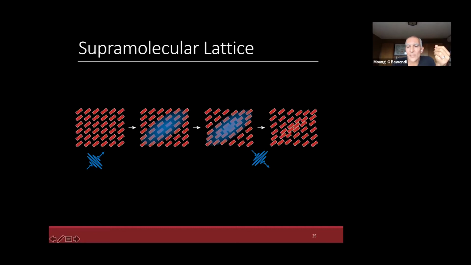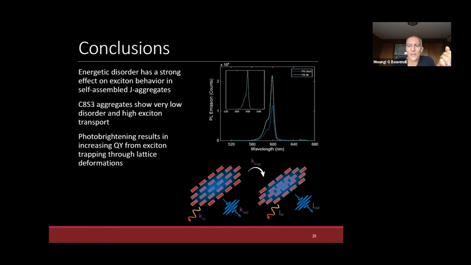And so these are essentially defects that are now part of the lattice, but they allow the exciton to find these spots and stop moving around as much. That allows the material to be brighter and prevents the exciton from seeing the defects that would result in non-radiative recombination.